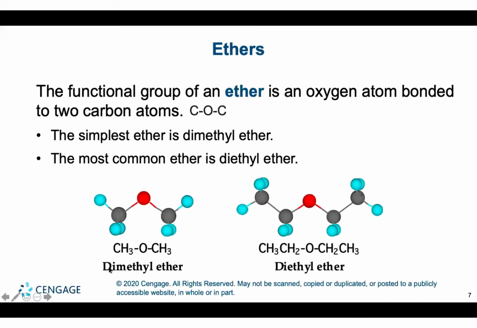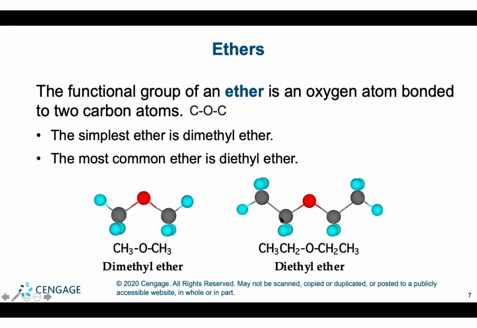Look at this picture, guys. You have a red circle, which is oxygen, and you have two dark circles around it, which are carbons. This is an ether structure, guys. So whenever you find an oxygen with two carbons attached to it, we call it an ether.